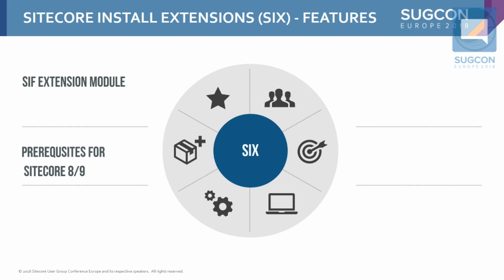We can install MongoDB, and we can also install all prerequisites required by Sitecore 9, all the packages that are listed in the installation guide. We also created some tasks to install Sitecore 8, to have the same way to install Sitecore 8 and Sitecore 9 with SIF.